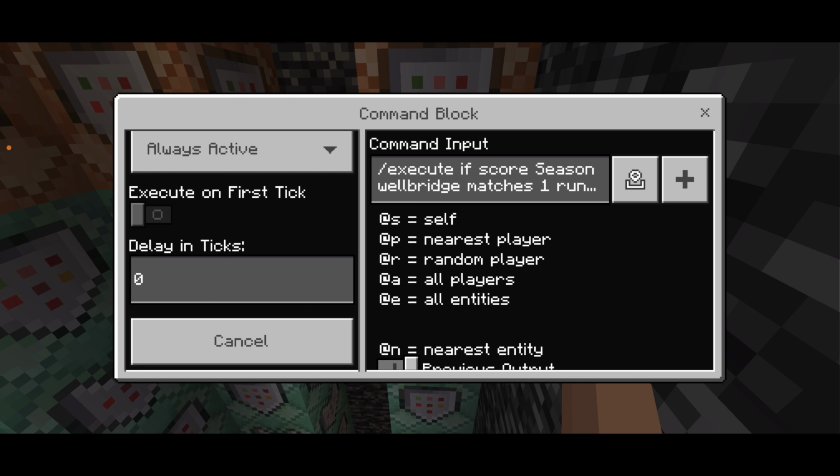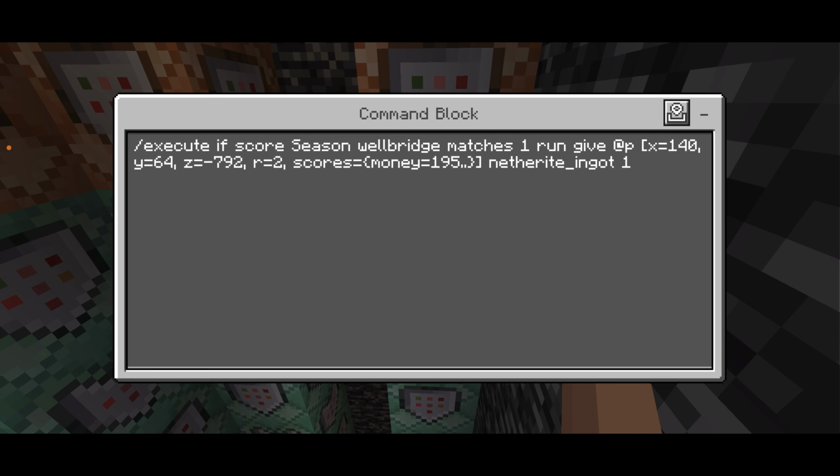And I'm sure you could have guessed it. It is going to start with an execute command. If you want to do this individually as well, you can. Execute if score season Wellbridge matches 1.